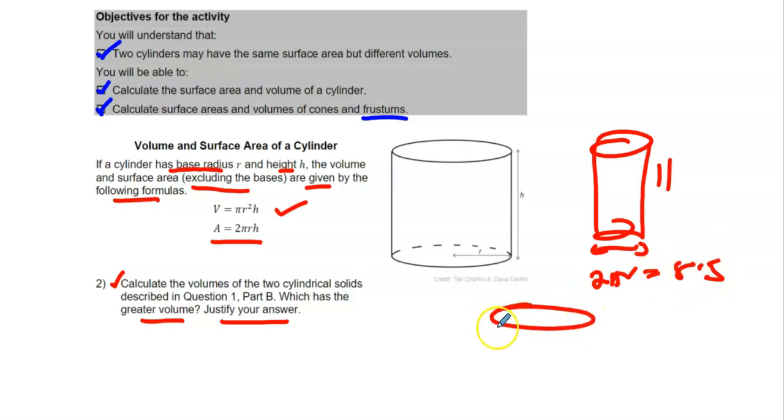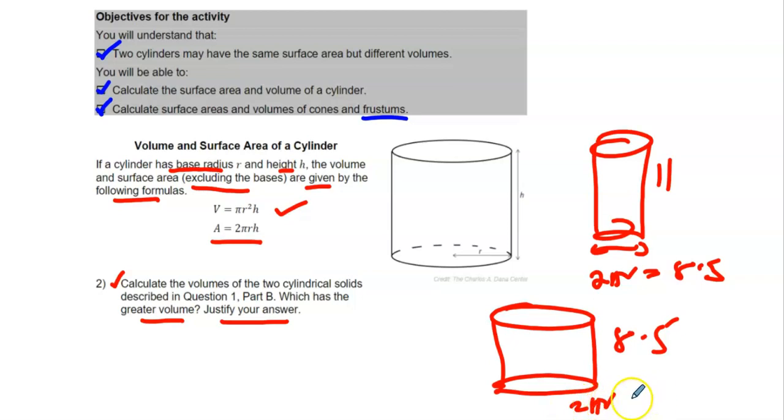The other had a height of 8.5, and then 2 pi r of the base equal to 11 inches. So use these two to calculate the different volumes by pausing the video, and we will discuss this later.